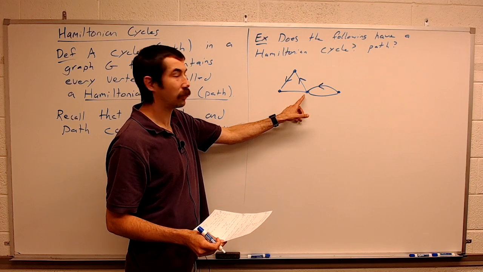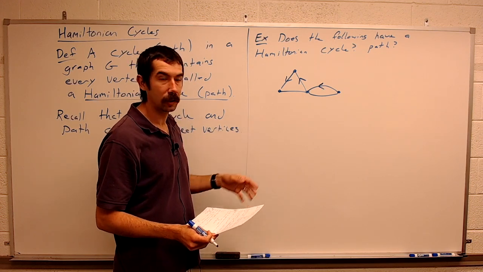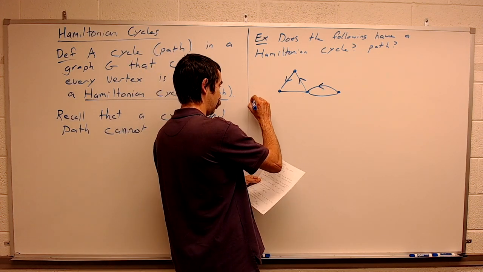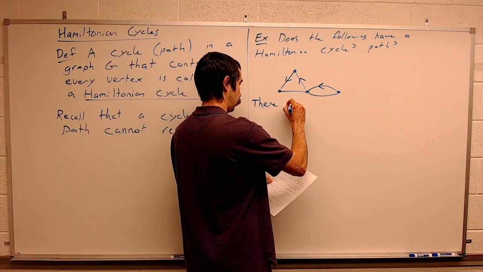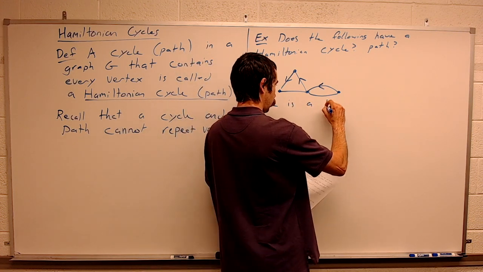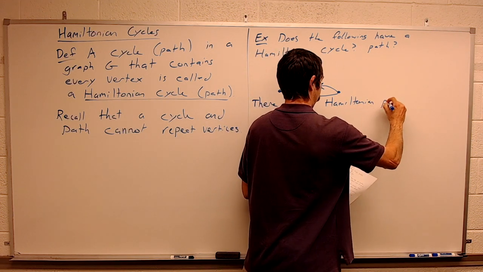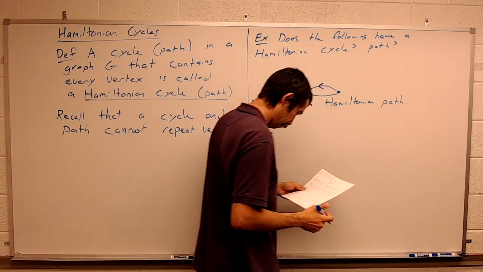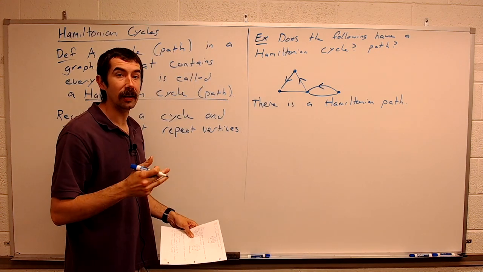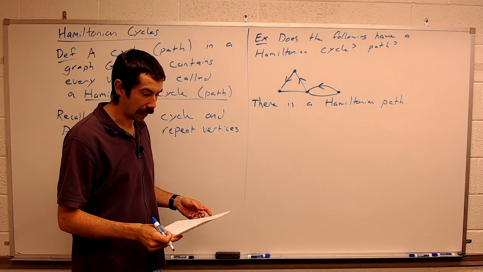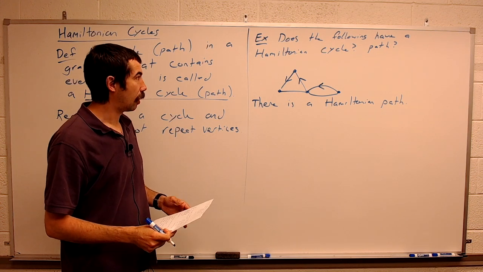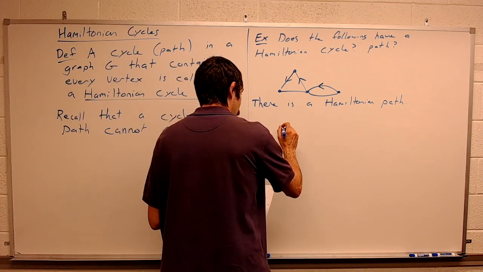We visit each vertex exactly once. So there is a path. All right, but there are no Hamiltonian cycles. We can't find one.